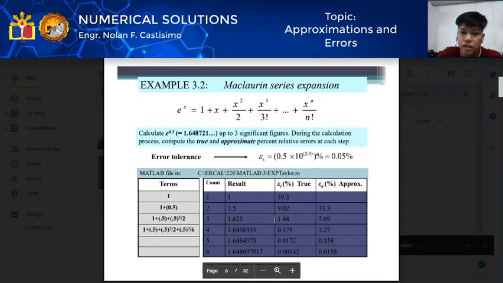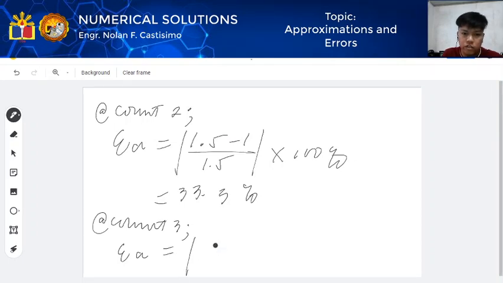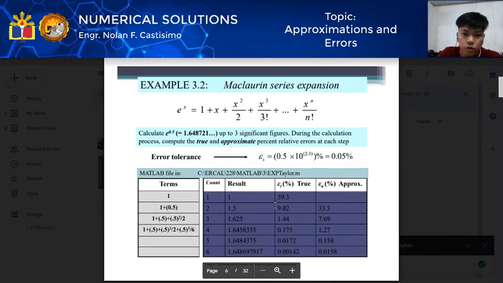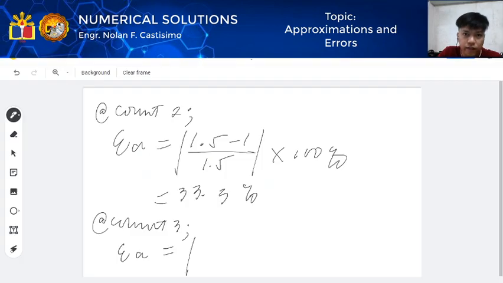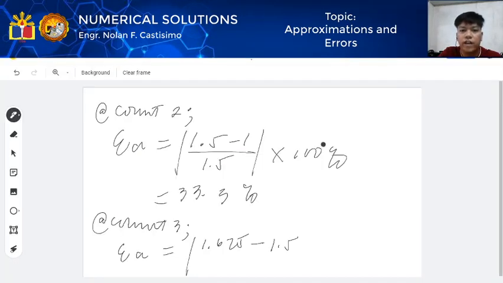Hayon na siya. Next, at count 3. So, current approximation natin is 1.625 minus yung previous natin, 1.5. Okay? So, since nasa count 3 na tayo, ang current natin 1.625 and then ang previous natin is si 1.5.